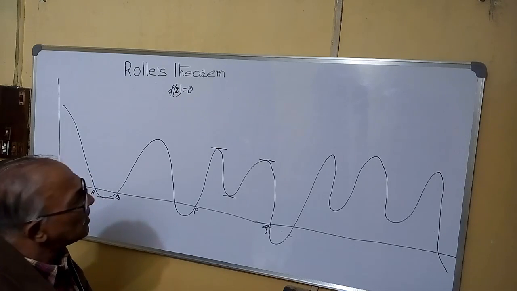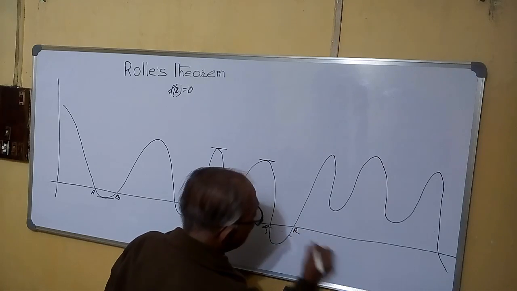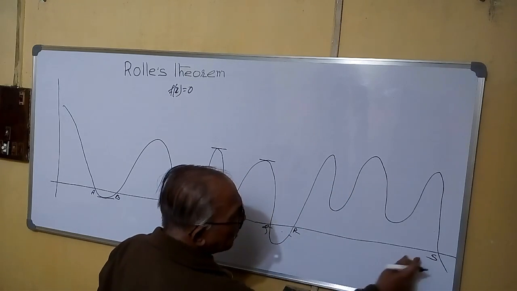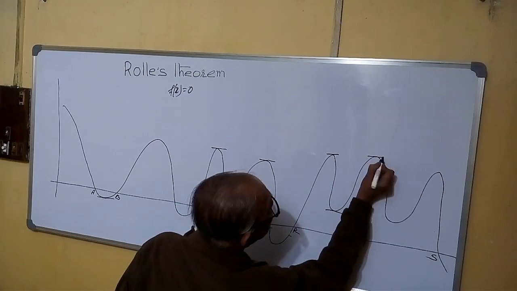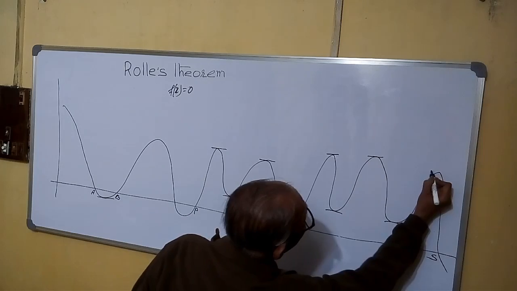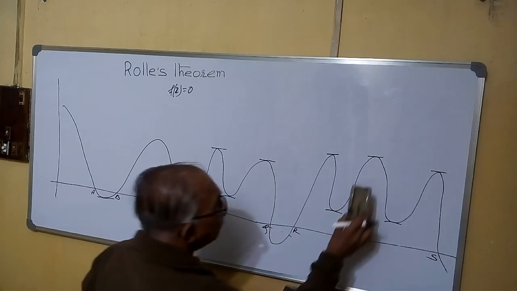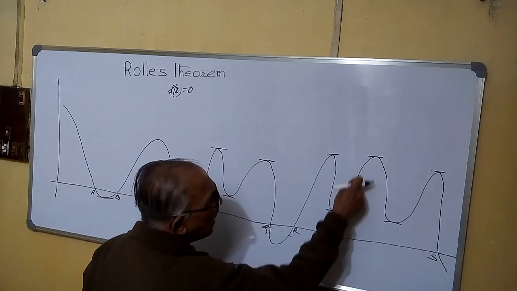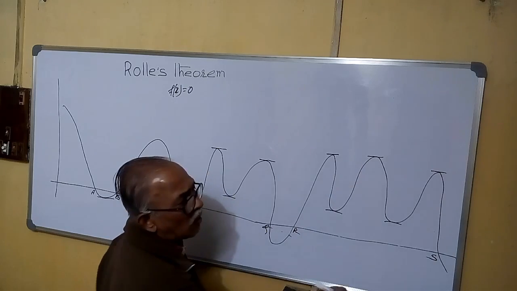In this way, if you suppose this point is R, this point is S, you will find there are 2 consecutive real roots, 1, 2, 3, 4, 5. If you are trying to get 2 roots, how can this line cross the x-axis if it is not coming downwards?